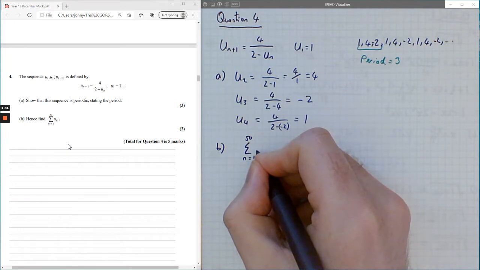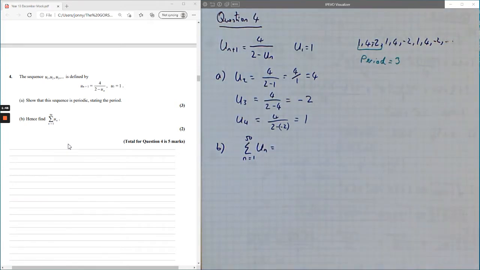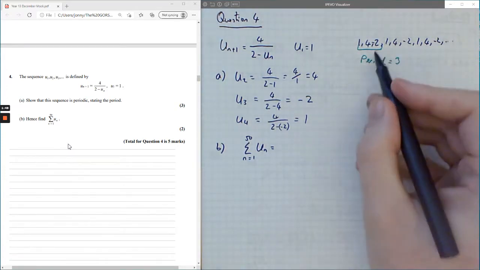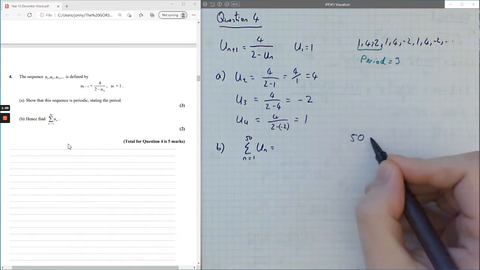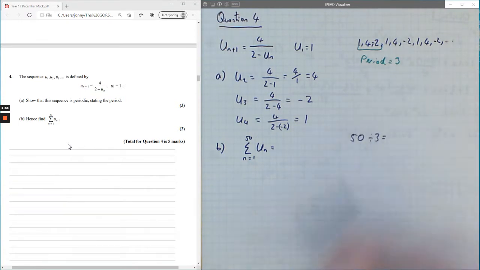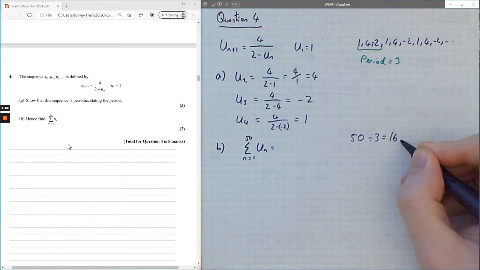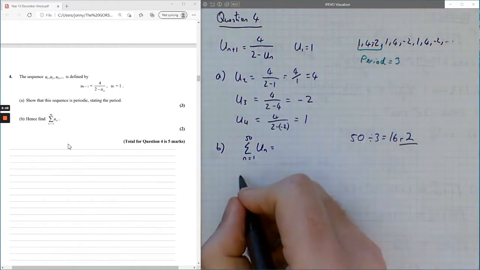Okay, so we need to work out how many of each there are going to be. Well, firstly, we want to work out how many blocks there are going to be. So if we think about 50 divided by 3, that would be 16, and then there would be 2 left over. So there's 16 full blocks of 3, and then there'd be 2 terms in the sequence after it.